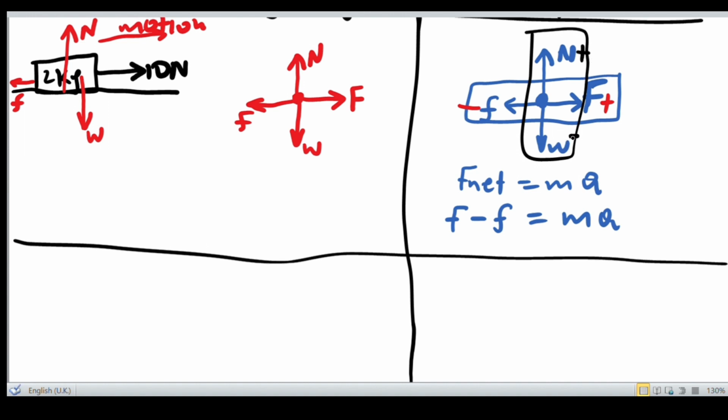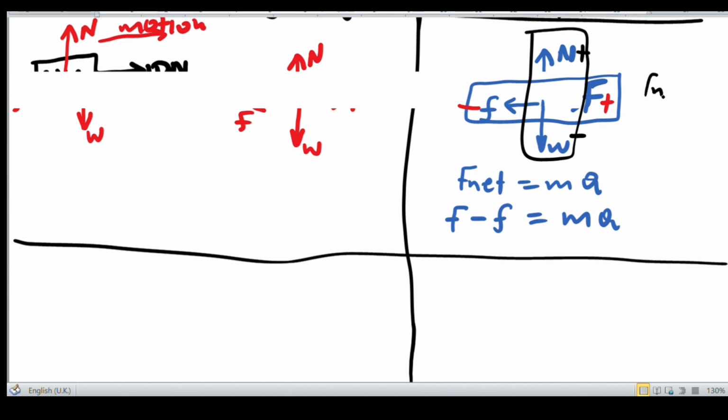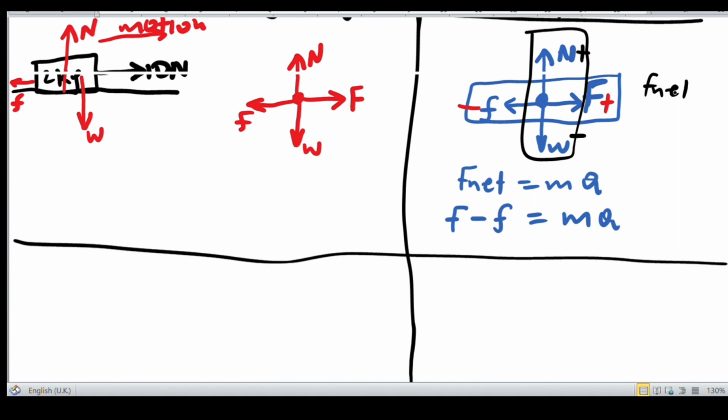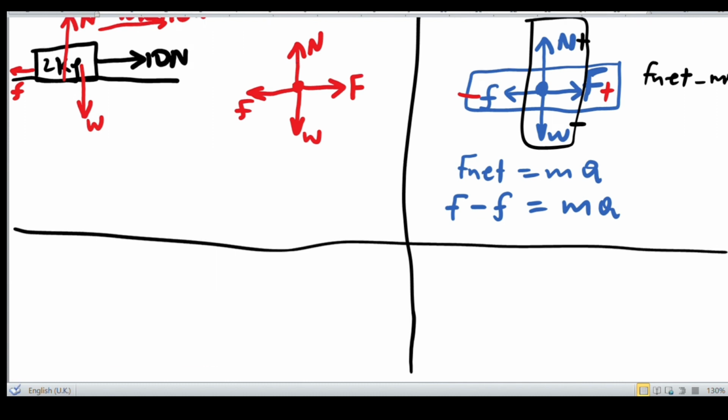Therefore, this one is negative. Therefore, F net is equal to MA. Sorry for that. F net is equal to MA. Okay. So for the normal force and weight, the normal force is positive minus weight, which is equal to MA.